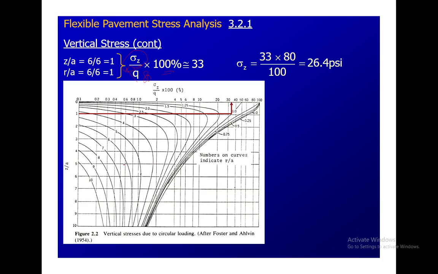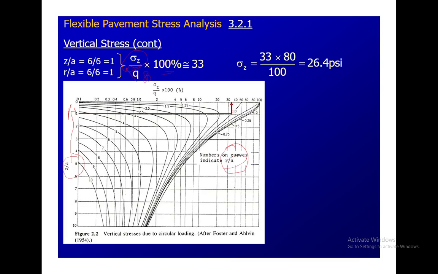So we have R by A and Z by A. First of all, you need to select the value at the left end for Z by A. If we go exactly to the top where we have 1, then you need to come to the other side, the right side, where we have the R by A value.